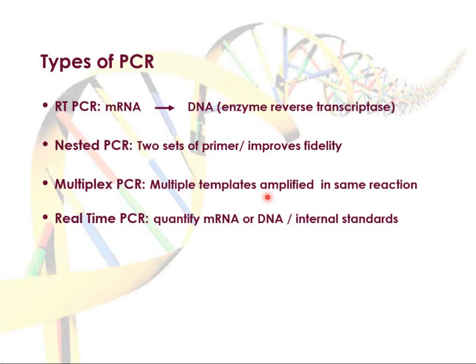The variations that are there are like RT-PCR, nested PCR, multiplex. There are many, but I've given you a few examples, and real-time PCR. In case of RT-PCR, instead of starting off with the DNA, we start off with mRNA. What do you do? You extract the RNA, and in that case we are using the enzyme reverse transcriptase and convert this mRNA to DNA and subsequently you analyze it.